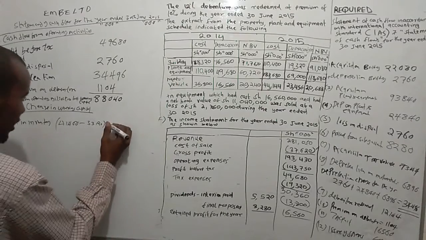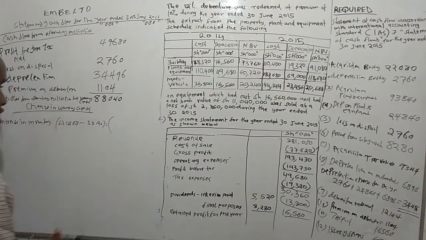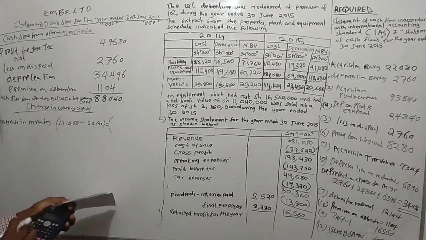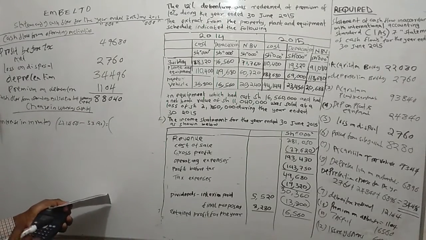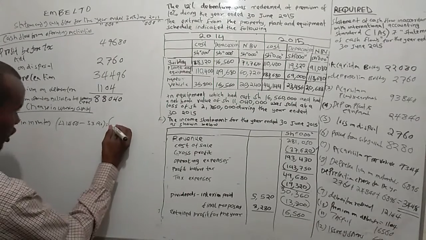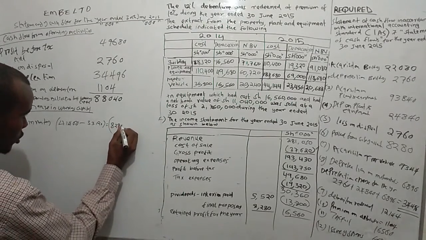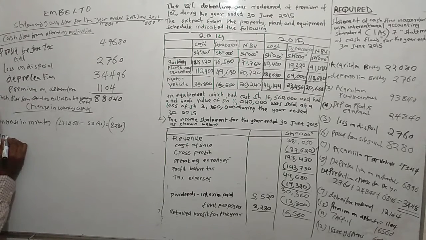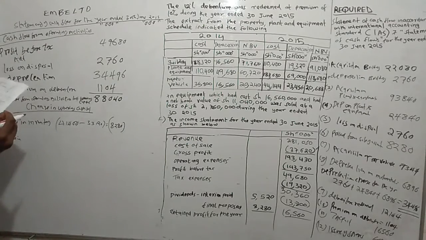That will be an outflow. An increase will be an outflow of how much? If I take 41,400 subtract 33,120, getting 8,280. We also have increase in trade receivable.